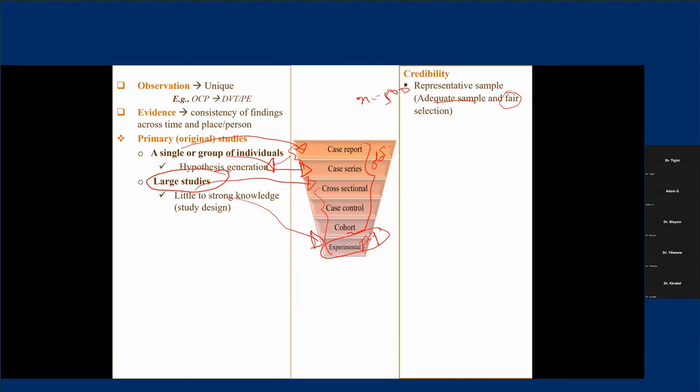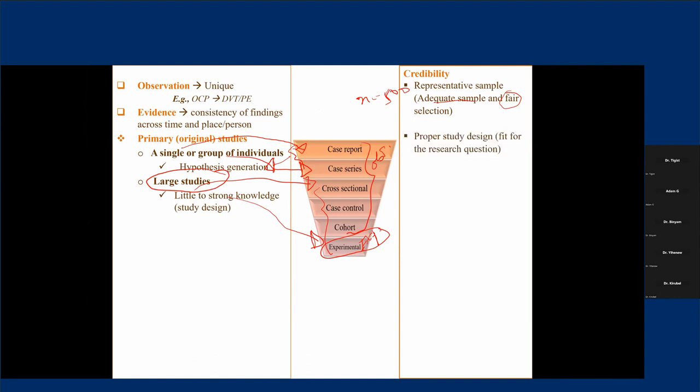What makes these studies acceptable is their representative nature, which is assured by random selection from the source population. We can use different sampling methods like simple random, systematic, cluster, multi-stage, stratified, whatever, but these are probability sampling methods that we have to apply for our study.